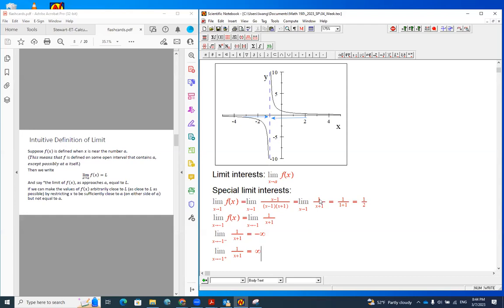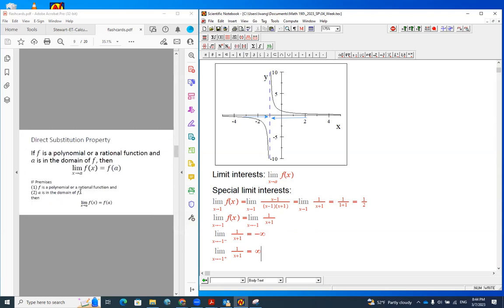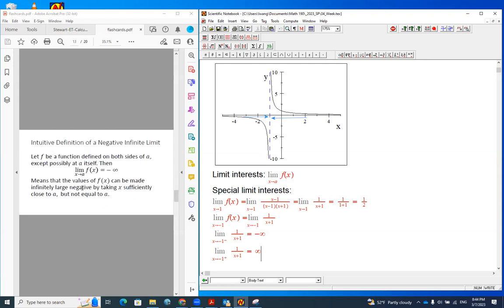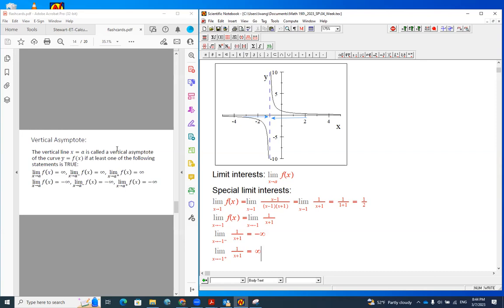Okay, and the conclusion is that yes, x equals -1 is the vertical asymptote, but the function does not have limits at -1. So what's the definition of a vertical asymptote? Right here, at least one of the conditions is satisfied, so that makes it a vertical asymptote.